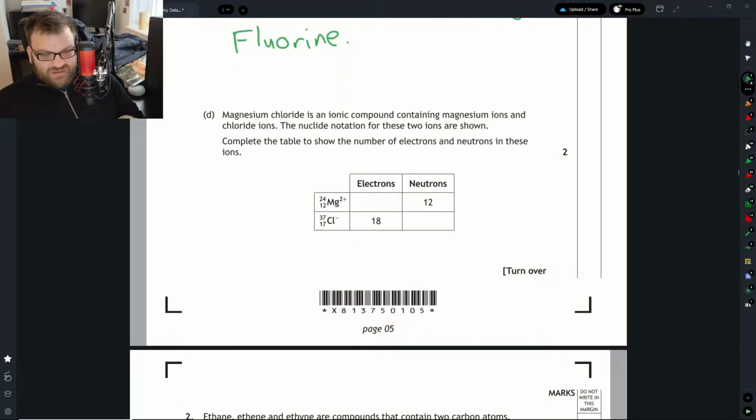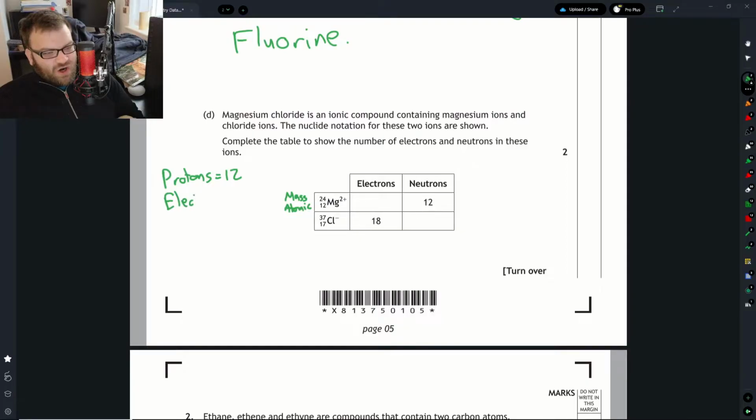Next up, we have got our isotope notation. And this is this funky looking thing. We have got our mass on top, and we have got our atomic number on the bottom. So, starting from scratch, if you have an atomic number of 12, atomic number tells you the number of protons. So, for the first one, protons equals 12.